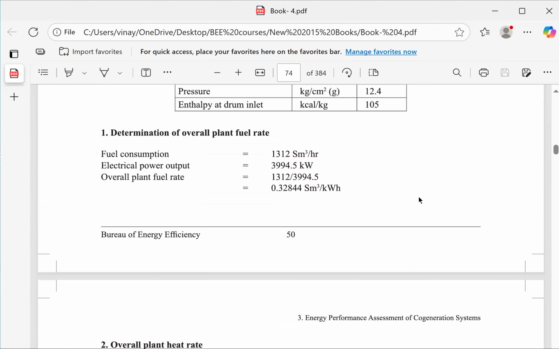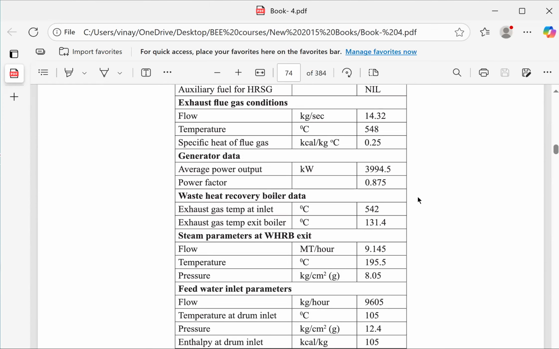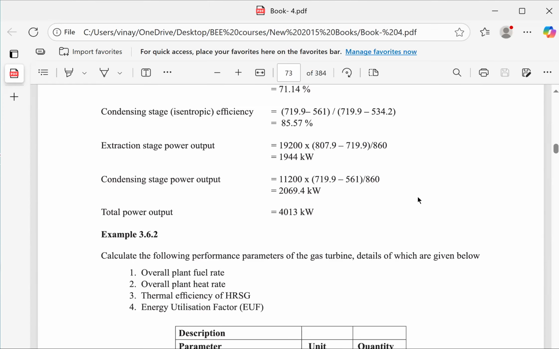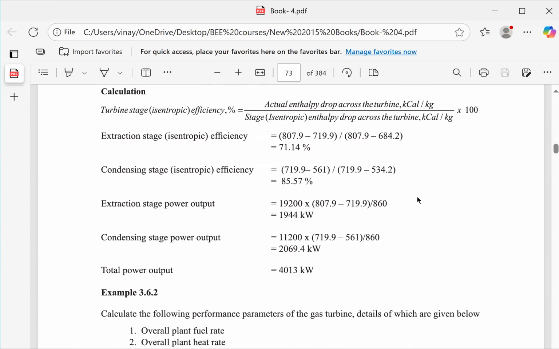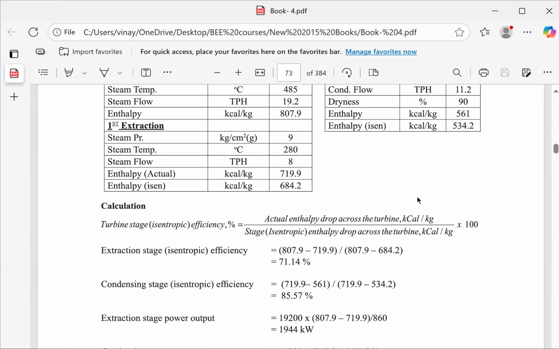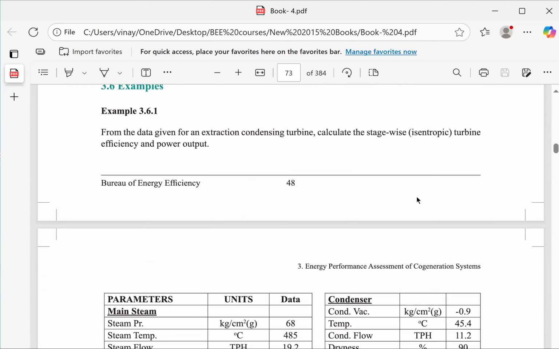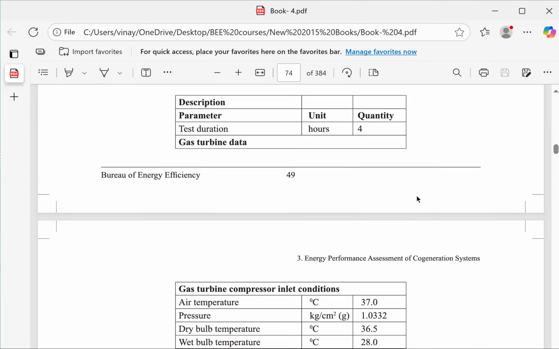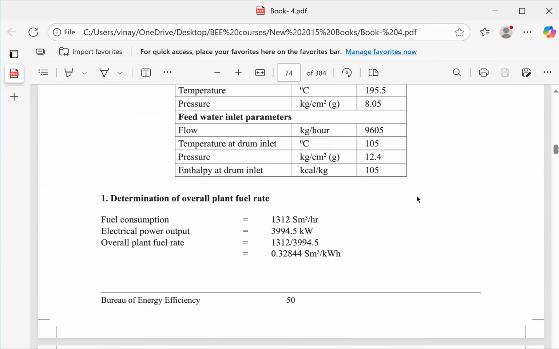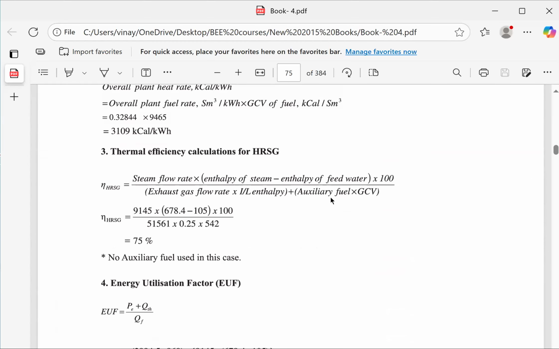Now, in this example, he says there is no auxiliary fuel used. Anyway, you go through it, and therefore in the lower bracket, this auxiliary fuel is not used, so this is 0. What you have to calculate is the exhaust flow rate into the enthalpy.